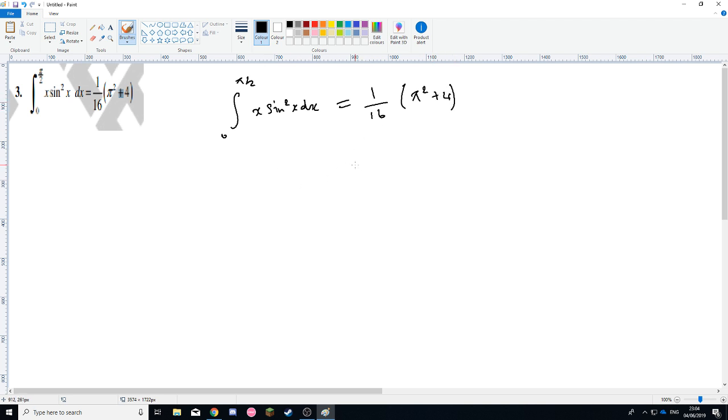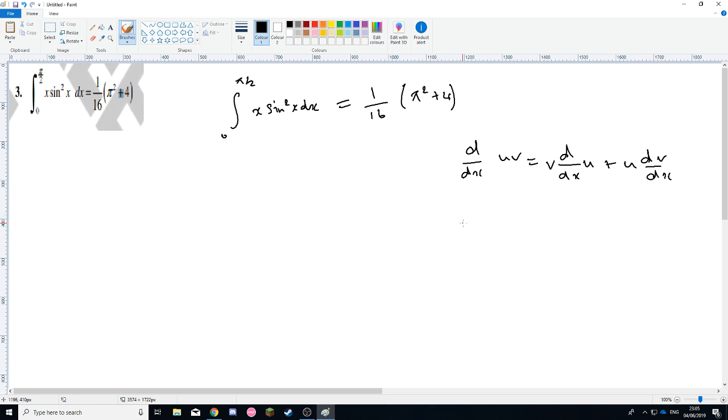Okay, so with integration by parts, I'm just gonna show where it comes from on the side here. If you have a function, let's say uv, if you differentiate that, you get by product rule d by dx of uv, which is v times du by dx plus u times dv by dx.